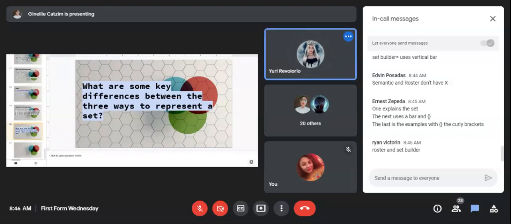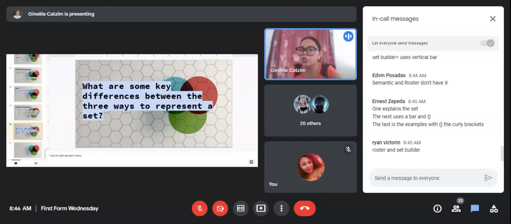So what you could do is copy the assignment into a Word document, not a Google form. Do it in Word, and then you attach the file, and that will work too.